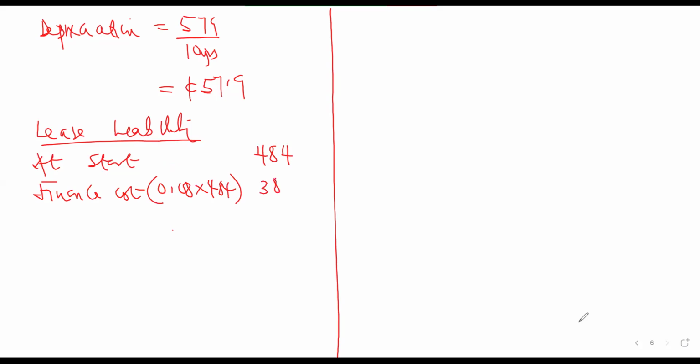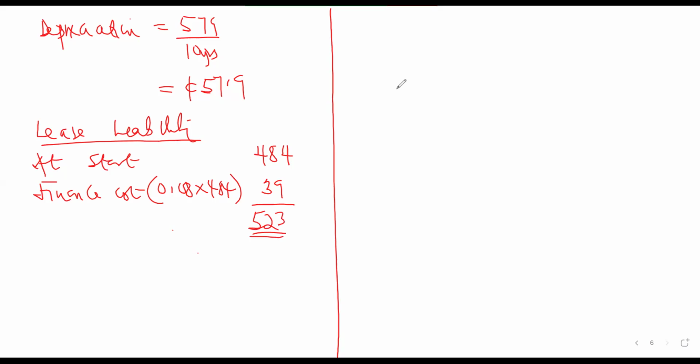Okay, so can we make it 39? Are we going to be paying any amount at the end of the year? No, we have already paid at the beginning of the year. So your lease liability at the end of the year will be how much? 523. Okay, so this is the first one.